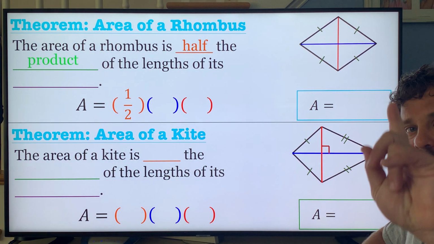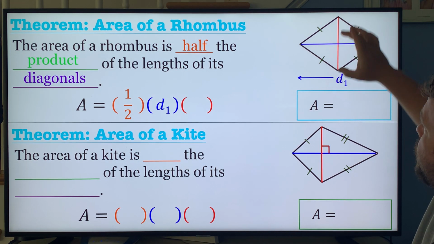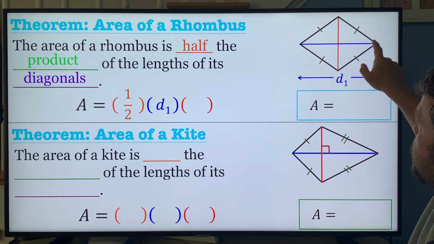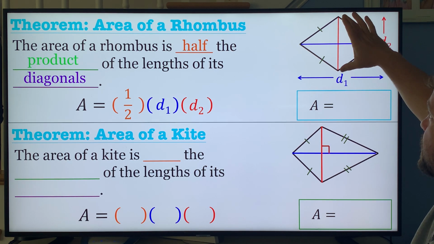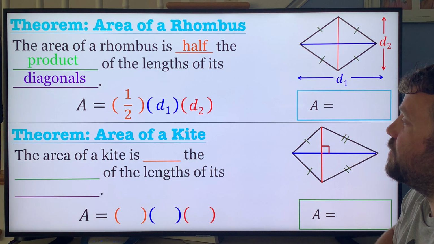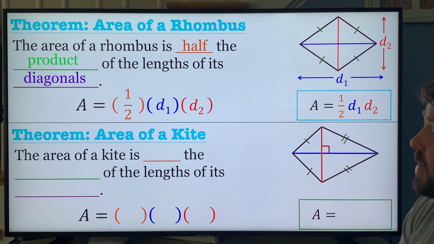The blue one here is diagonal 1, and that's the distance from vertex to opposite vertex. And the red segment here is diagonal 2, the distance between the other two opposite vertices. Area equals 1/2 D1 times D2.